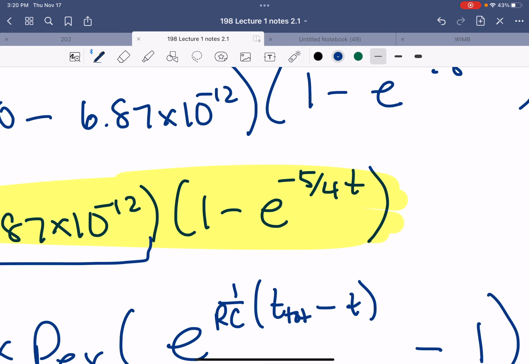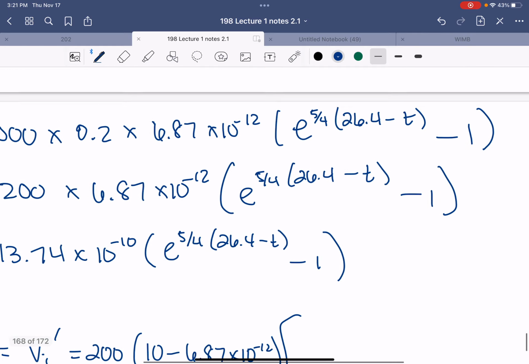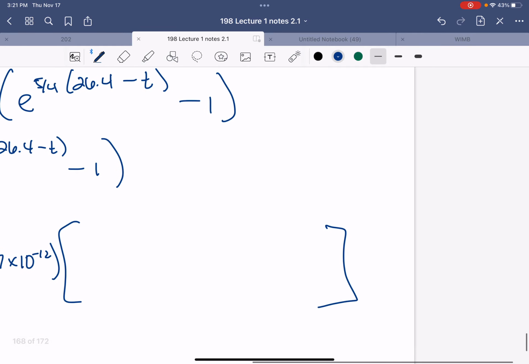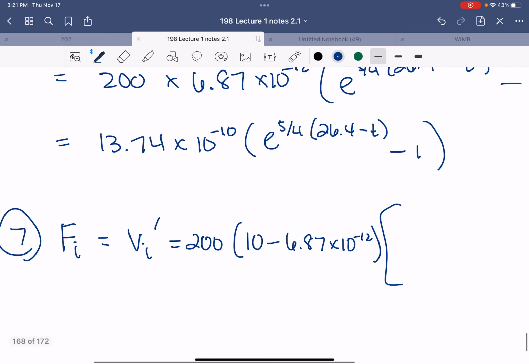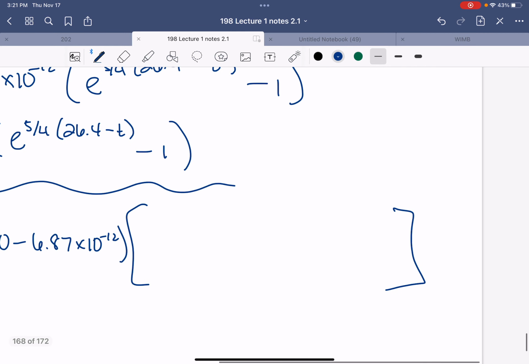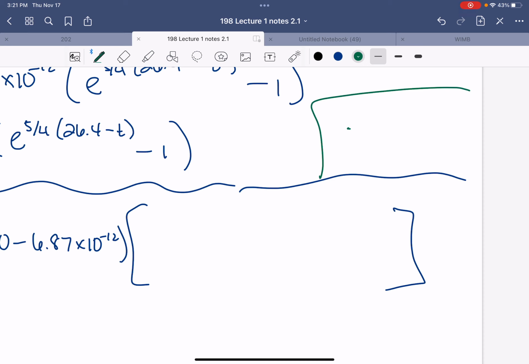Okay, remember that this is a chain rule. So I'm going to write it down here. So we're working with negative e to the negative 5/4 t. So my parentheses go here. The e is on the outside. So the derivative of e to the anything is e to that anything. So I'm going to keep my minus. The derivative of e to the negative 5/4 t is e to the negative 5/4 t.